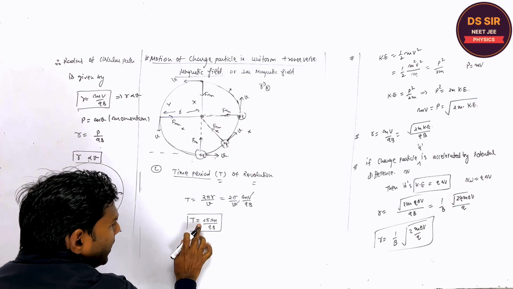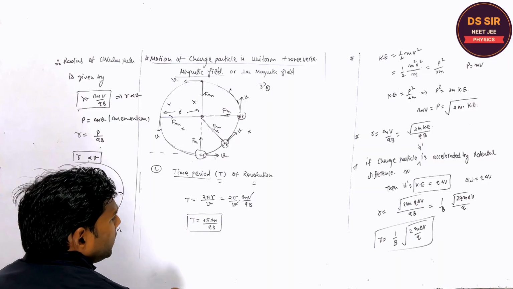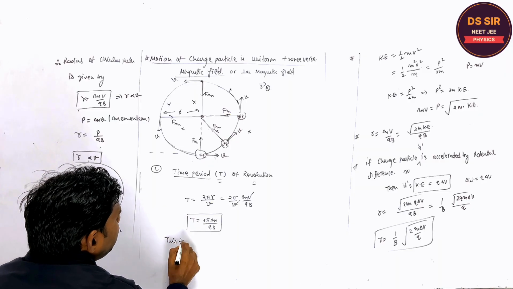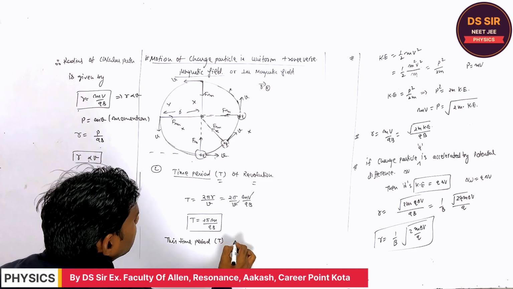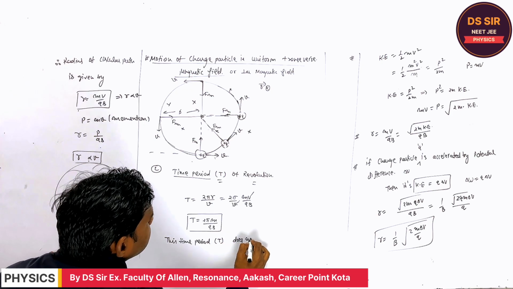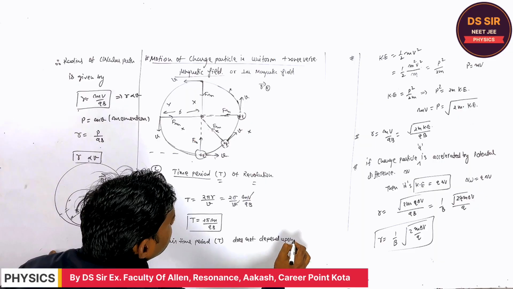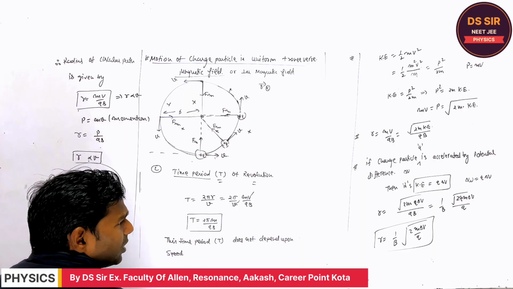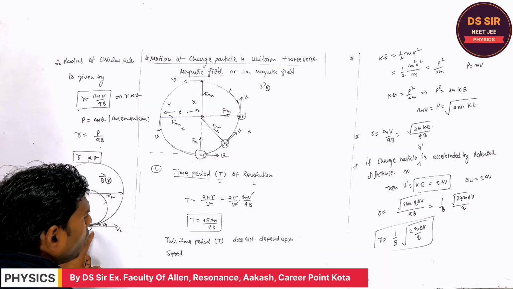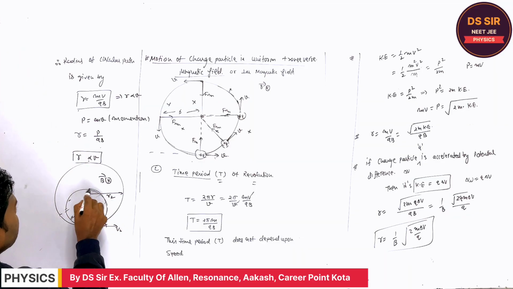And look, in this expression of time period, the speed is not there. This time period, capital T, does not depend upon the speed, right? Is it clear or not? Whether speed is more or less, if it is less, its radius will be less.